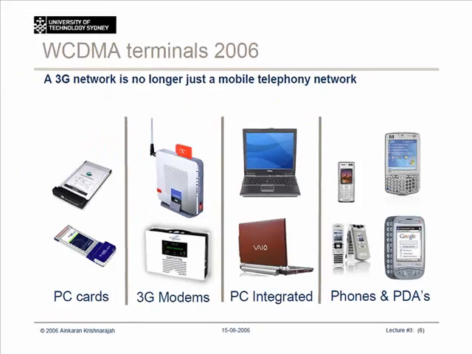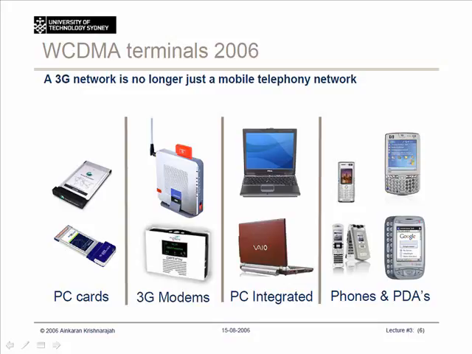Now, when you talk about user equipment, you're not just talking about handsets. You could have PC cards that you can put into a PC. You could have a 3G modem that sits on a desktop and connects to your laptop externally. You could have an integrated card.